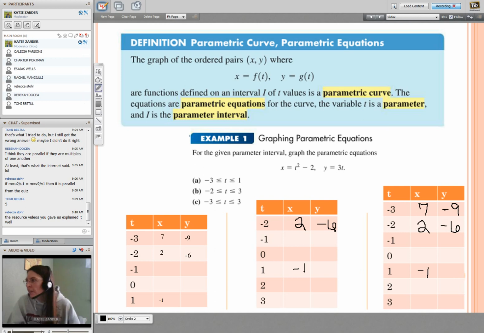As you fill in this first table, I am checking your work. I have the answer next to me, so I'm making sure you're doing it correctly before I transfer it to the other charts.